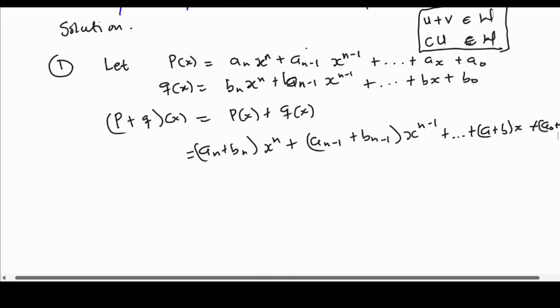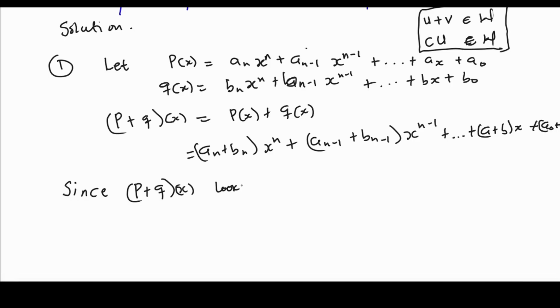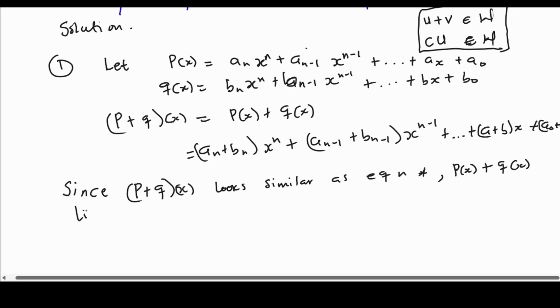So we can say that since p plus q of x looks similar to equation star, then p of x plus q of x lies in W. So that is the first one.